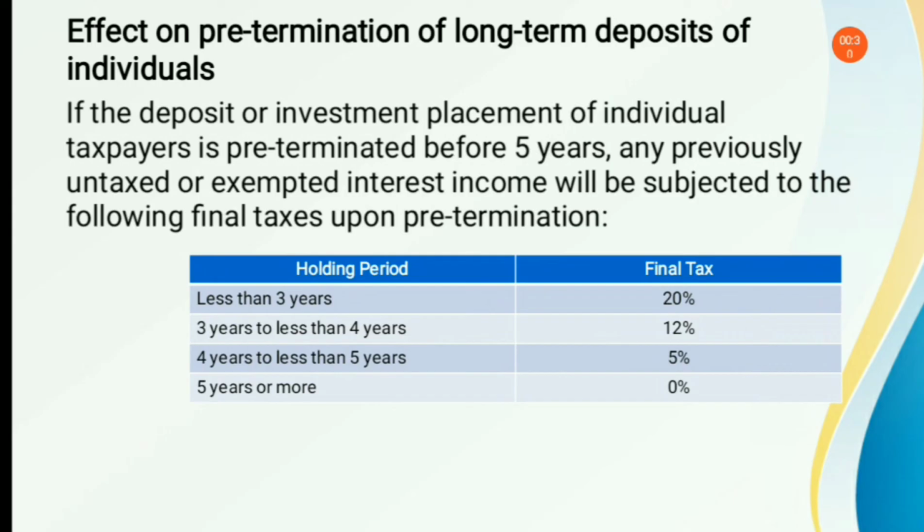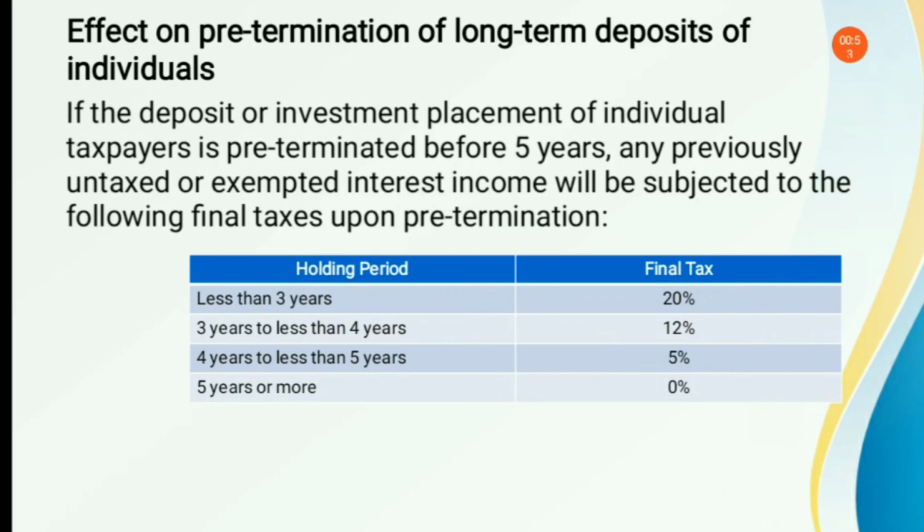If the holding period is 3 years to less than 4 years, its corresponding final tax is 12%. If the holding period is 4 years to less than 5 years, the final tax rate would be 5%. And if the holding period is 5 years or more, there will be no final tax or 0% final tax rate.